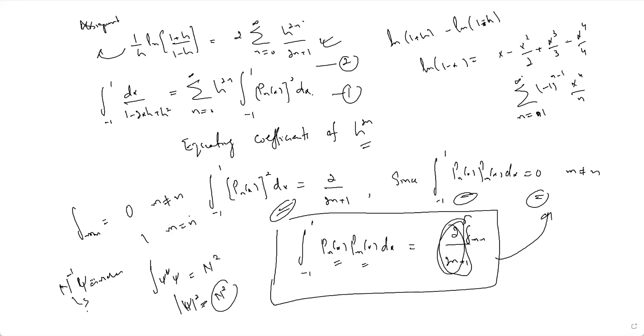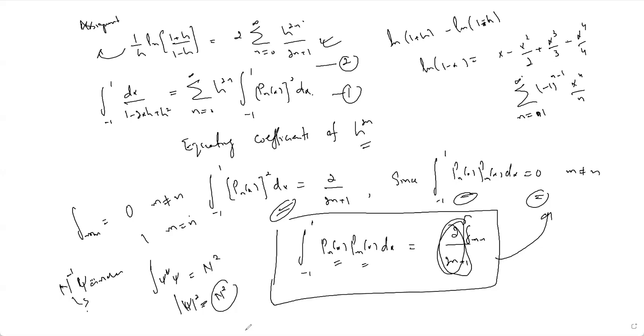So simply here, this 2 divided by 2n plus 1 is what we call the normalizing factor. This is the way we have the normalization condition for the Legendre polynomials, so we have the orthogonality condition as well as the normalization condition.